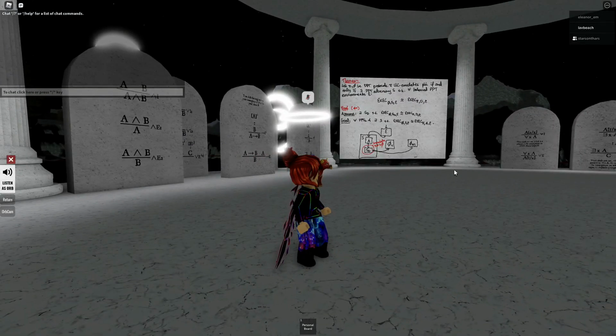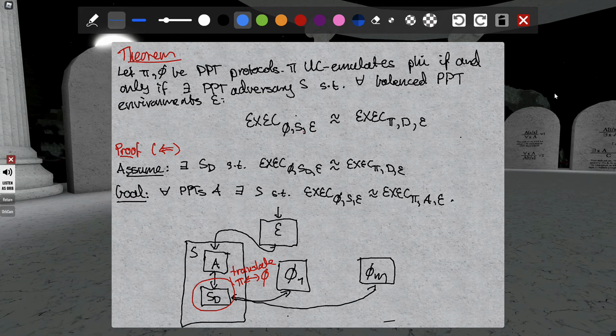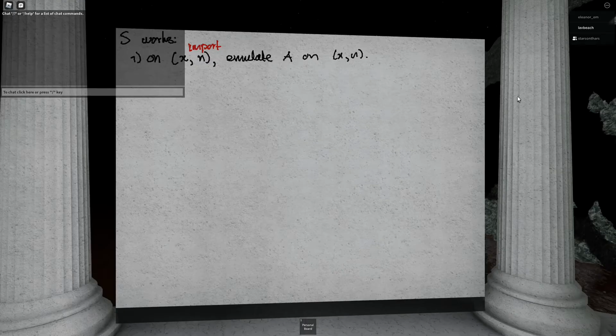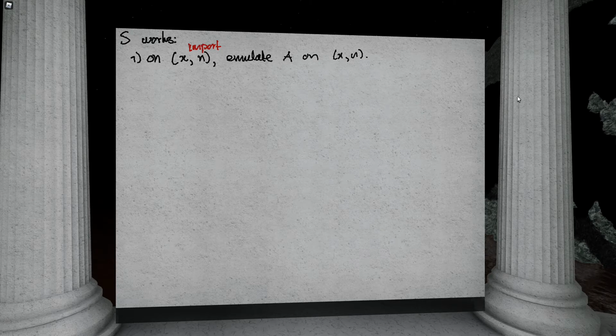This is the idea: from the environment's perspective, it looks exactly like the adversary is talking to pi, but of course we're arranging things so that it's actually the simulator talking to phi. Okay, so we emulate the adversary. If A is the message, well, the message was intended for pi, so we will run our dummy simulator to translate to phi.